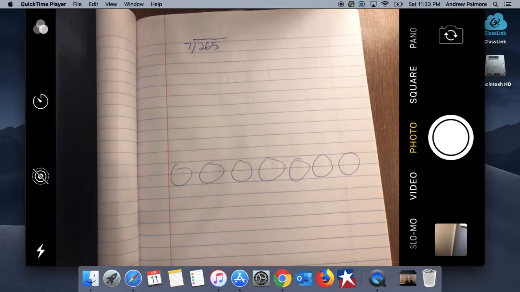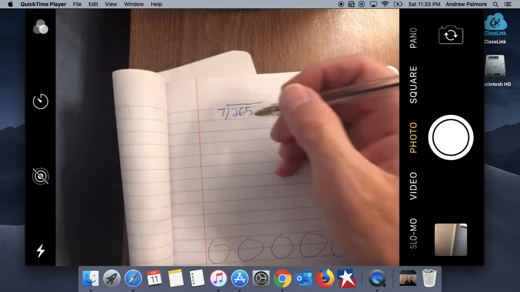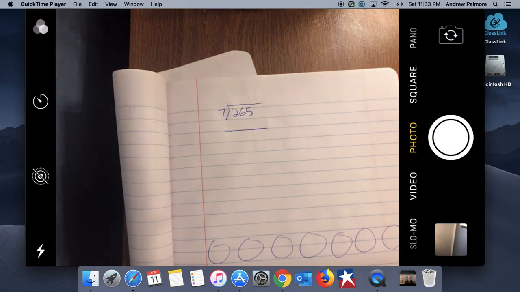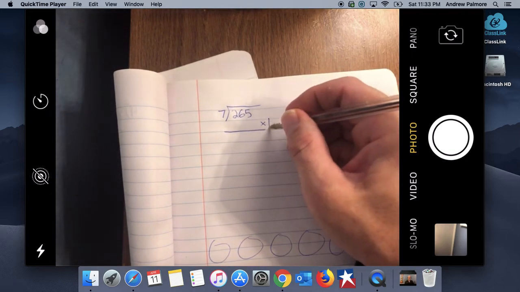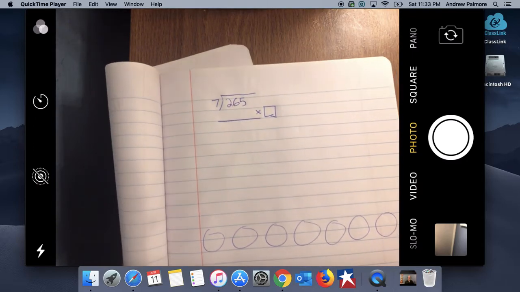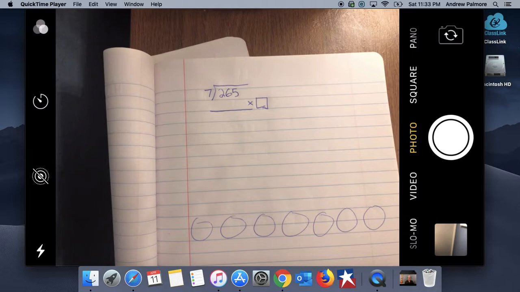So the first step is I like to leave a blank line here. Leave a blank space, and you're going to say times blank. For starters, how much could I give each person for sure and not go over?